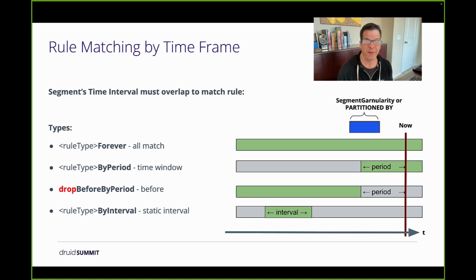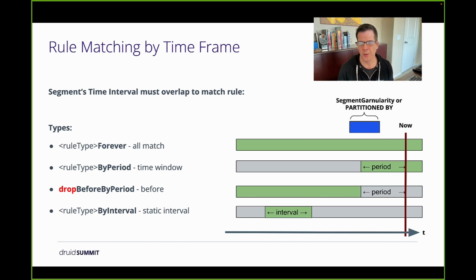The drop before period is a specific one where you're selecting to drop before, so it's the opposite of the by period, but it's only usable for drops. Again, if it matches the green area from a timeline perspective, it will be dropped.